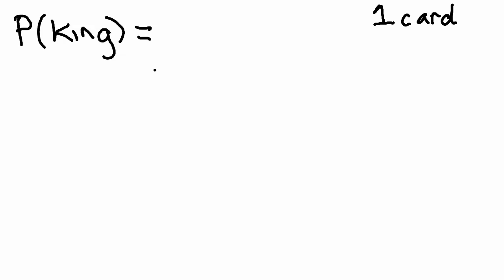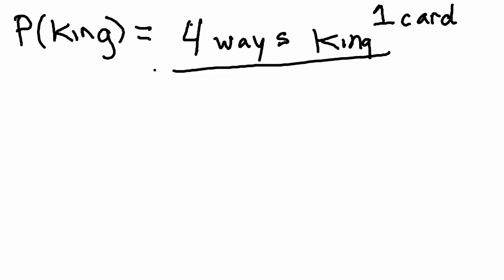So if you want a king, there are 4 ways to get a king. There's a king of diamonds, a king of hearts, a king of clubs, and a king of spades. So there's 4 ways to get a king out of 52 cards. And again, that just reduces to 1 out of 13.